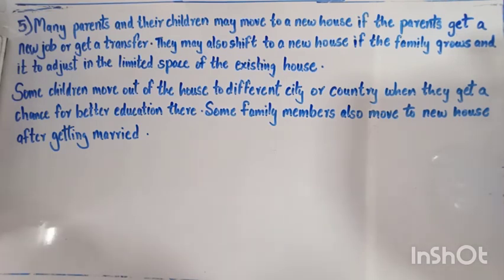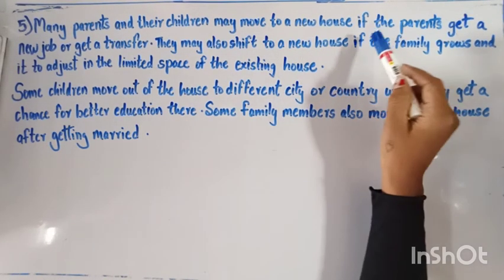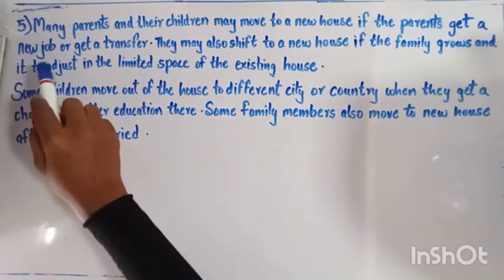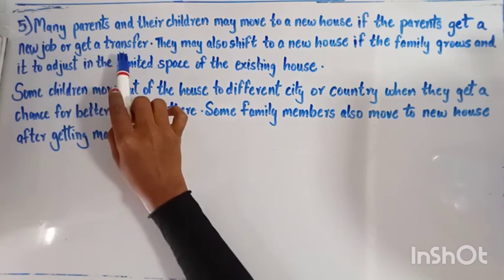Write down the fifth question. What are the reasons due to which the members of a family may have to move away? Answer. Many parents and their children may move to a new house if the parents get a new job or get a transfer.